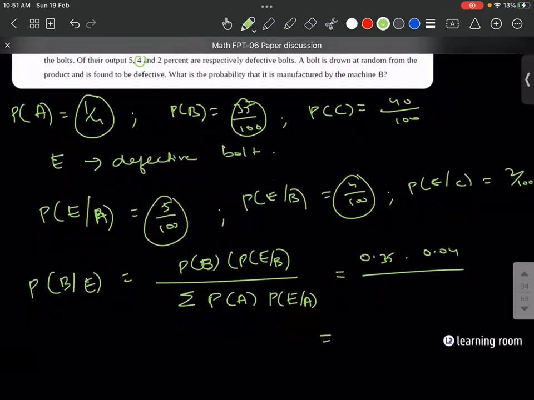So when you solve this, you should get the answer as 28 divided by 69. This is an NCERT problem. Okay.